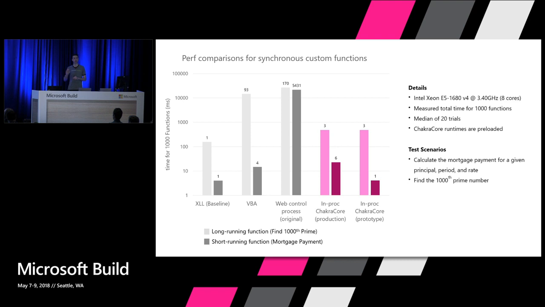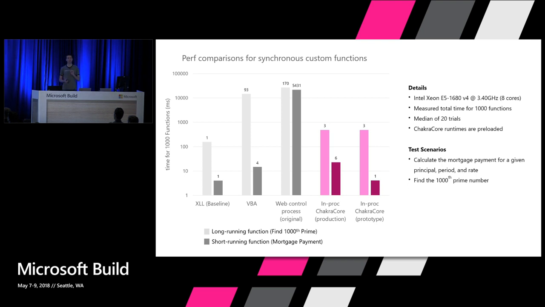You could see in the pink bars on the right-hand side, both light and dark, not only are we far beating the performance of the web control process because it doesn't need to cross the process boundary, but we're even exceeding the performance of VBA inside Excel with JavaScript and coming very close to the performance of XLL add-ins. So I'm really excited to show you these numbers.